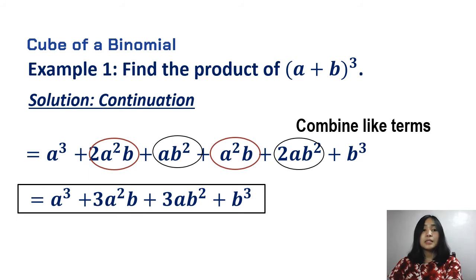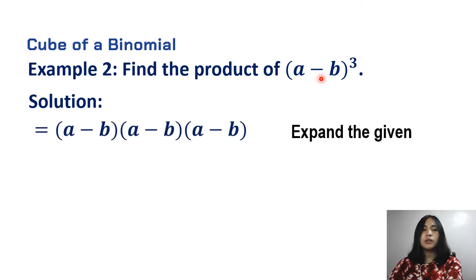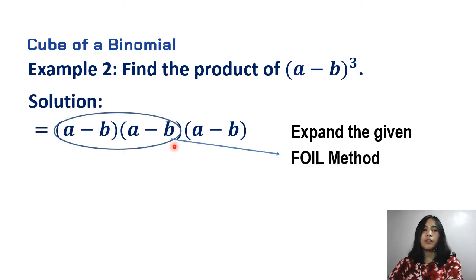Okay, so let's try another example. Find the product of a minus b cubed. As what you have observed, negative naman siya. So, same process, we have to expand the given. And now, the first two binomials, we'll solve using FOIL method.